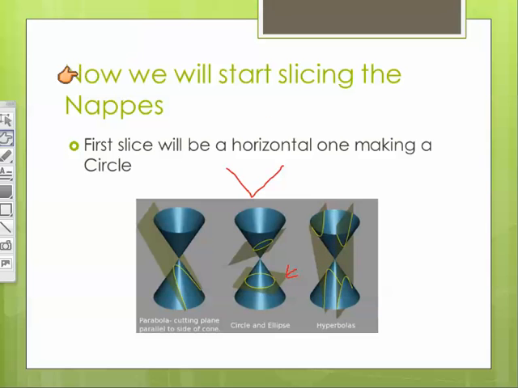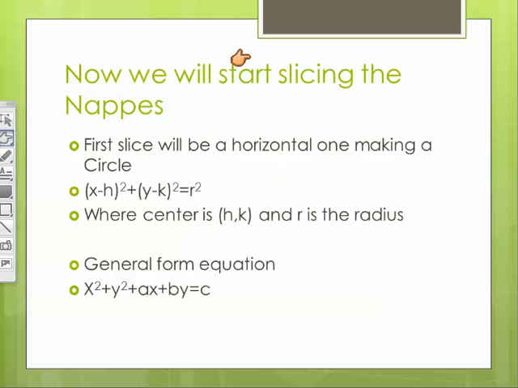We're going to start slicing the nappes. The first slice we're going to take will be the horizontal one. It'll be the circle. And so what do we get? Well, when we do that, we come up with this general equation for a circle. It says (x minus h) squared plus (y minus k) squared equals r squared.